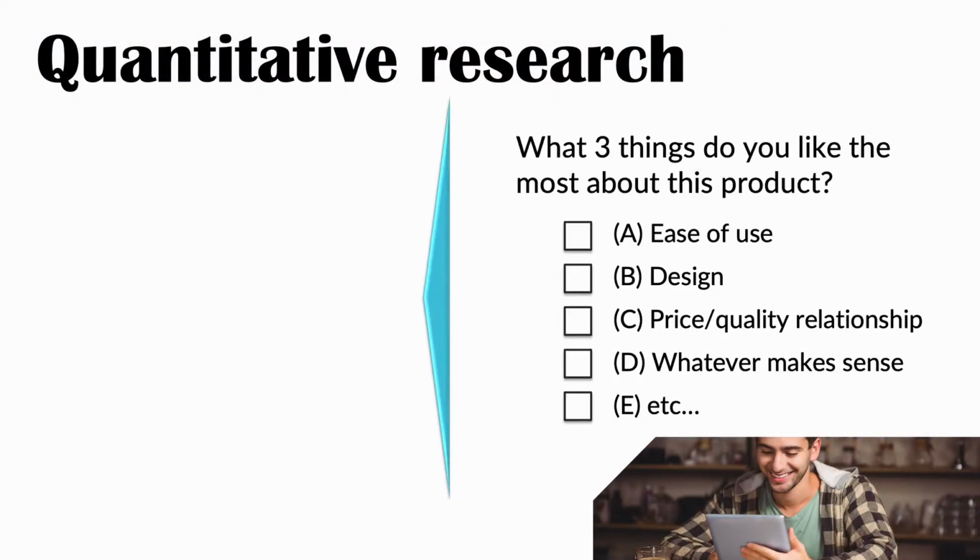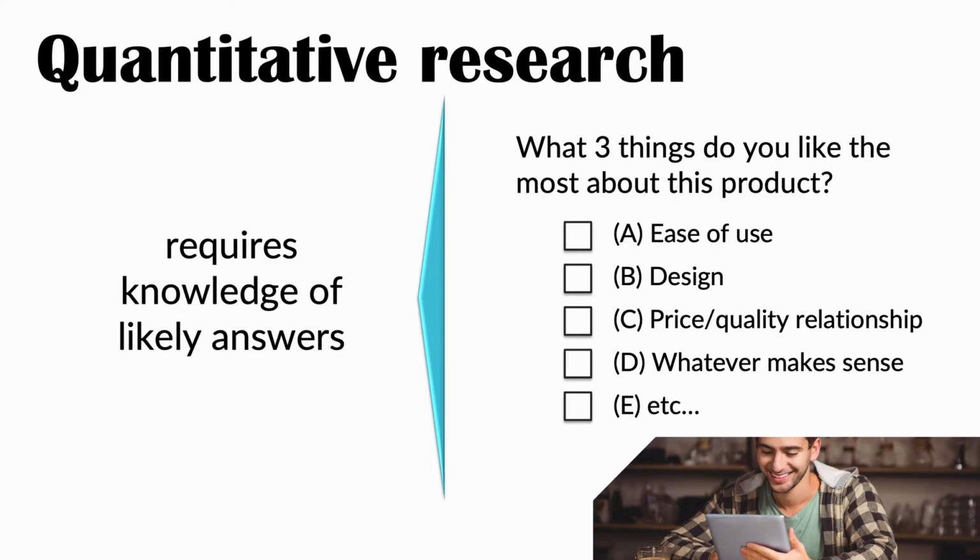And generating that high volume of answers is what leads us to having constraints regarding the way in which we can ask things, since we must be able to analyze a lot of responses, making it impossible to read through text answers in a cost-effective way. This leads us to an added difficulty with quantitative studies, which is that to define upfront what options you will give respondents, you must already have a solid expectation regarding likely answers.